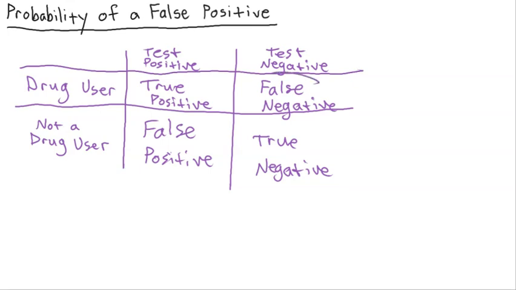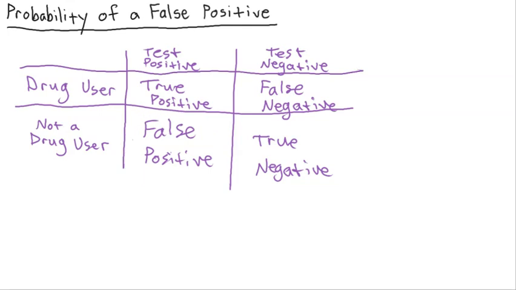We don't like false negatives because they're not detecting the truth. And we don't like false positives because they're detecting something that is not true. So it's an important area of probability to try and understand: what is the probability that somebody is identified as a false negative, and the probability that they're identified as a false positive.